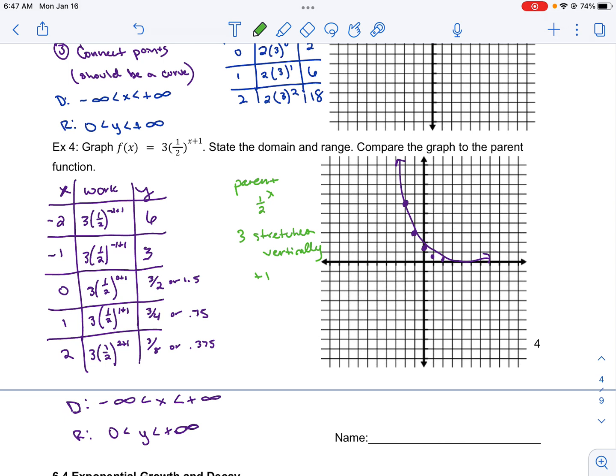So if I were to graph 0.5 to the power of x, I'd be at 0, 1. And I'd also have at negative 1, it'd be 2. And at negative 2, it'd be 4.